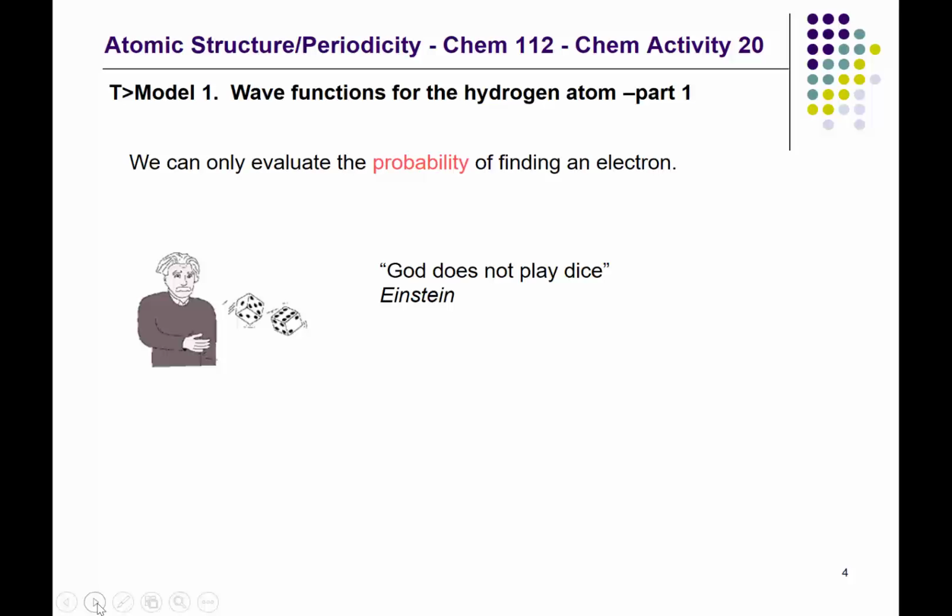And Niels Bohr is reputed to have rebuked Einstein's comment, God does not play dice, with, Albert, stop telling God what to do. And that essentially is the conclusion that scientists have to come to: the nature of the atom at the very tiny level is a very bizarre place and follows rules that are hard for our human brains to understand and certainly don't look like our macroscopic world.